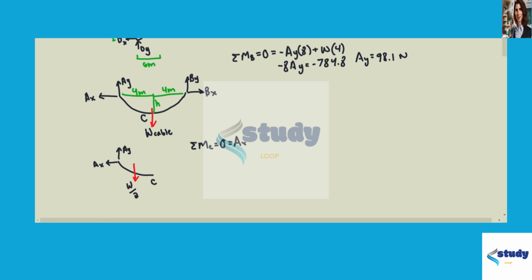It'll be AX times H, which is here, that distance, minus AY times 4, because there's 4 meters in the horizontal direction between A and C, plus W over 2 times 2. And that's because there's 2 meters in the horizontal direction between where the W over 2 is applied and C.